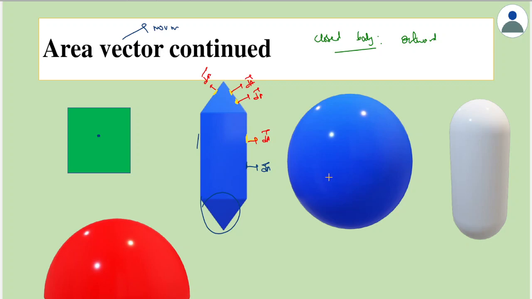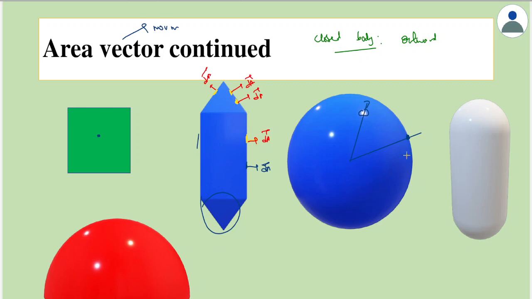And coming to a sphere, look at the small part here, somewhere here. If you draw from the center, it would come out radially. So for this, it will be going out radially, and this would be its direction. If you look at a small area somewhere here, it goes out radially.